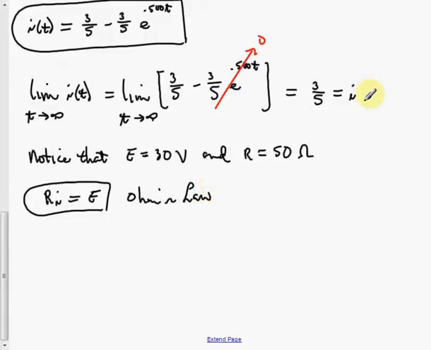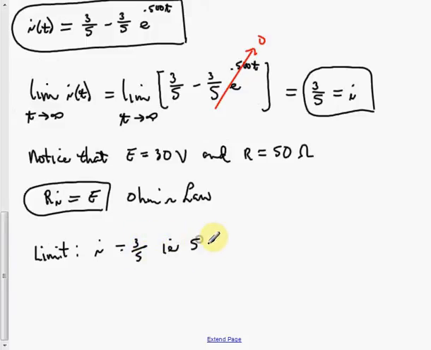But isn't that what the limit is implying? Here, the limit gave us I is equal to 3 over 5.